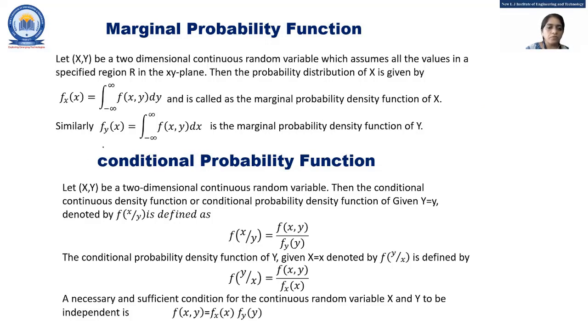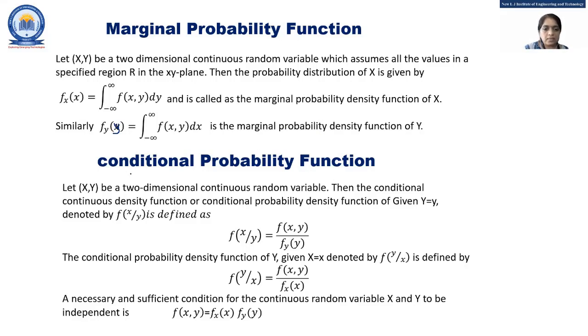Similarly, f(y) for all y equals the integration from minus infinity to infinity of f(x,y) dx, the marginal probability density function of y.